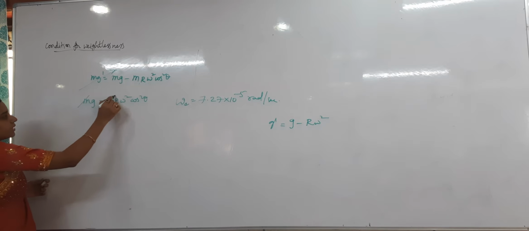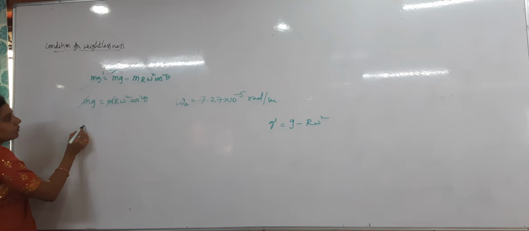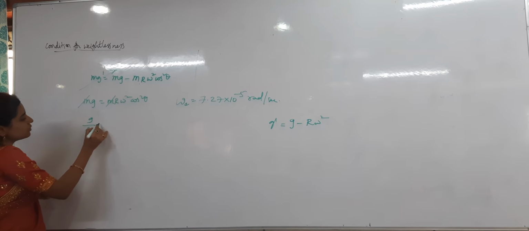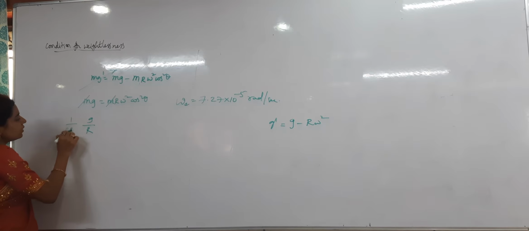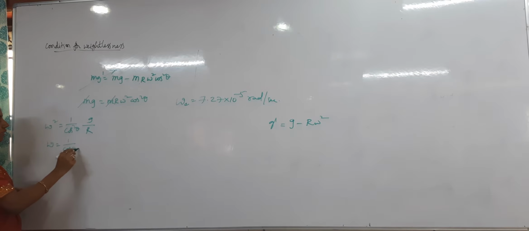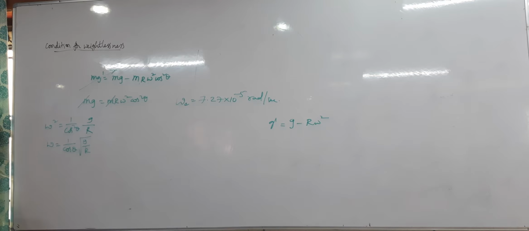Now here m gets cancelled. Omega square is equal to what can I write here? G by r, G by r times 1 by cos square theta. Then omega is equal to what can I write? 1 by cos theta under root G by r.